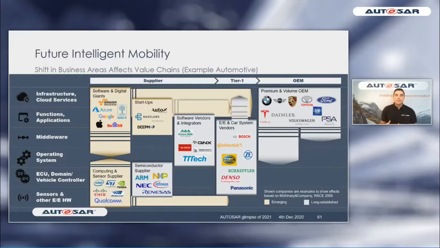Also, OEMs try to go deeper, I would say, on the integration side. And on the other side, you have suppliers that are a little bit insecure about how the future could look. I don't want to make it very pessimistic, but for us it's really to sharpen how our future of standardization could look in this ecosystem in general.